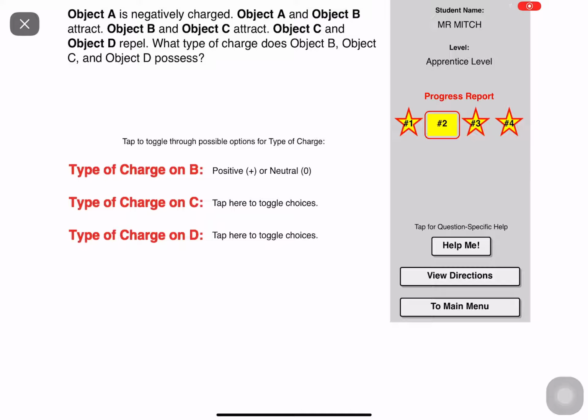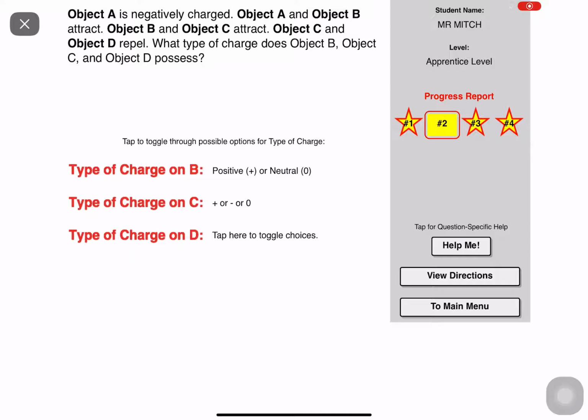Okay. Then it says B and C attract. Okay, well, if B could possibly be positive or neutral, that must mean C could be positive, negative, or neutral. Now, why is this?